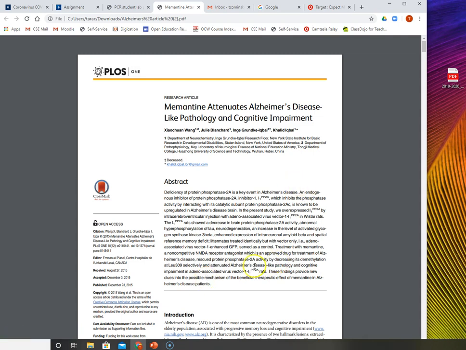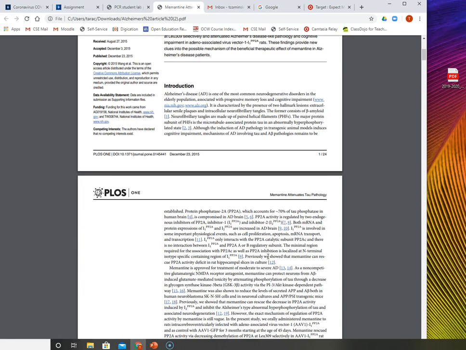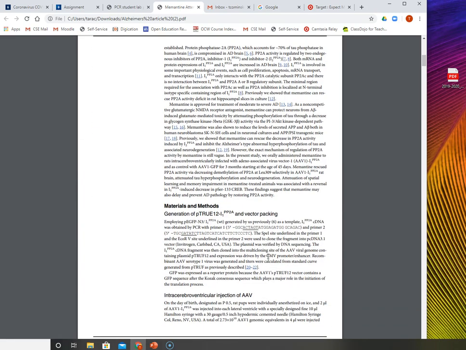Just to continue with that, remember that the model is induced. The Alzheimer's model is caused by the injection of this viral vector, which again affects gene function. Okay, all right, so again, that's the focus.